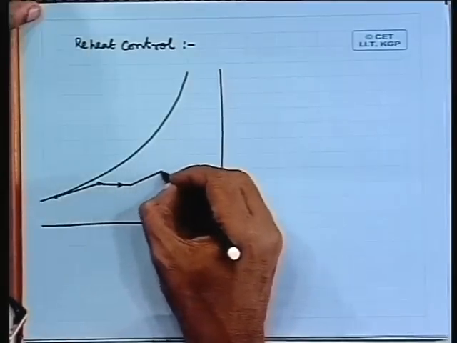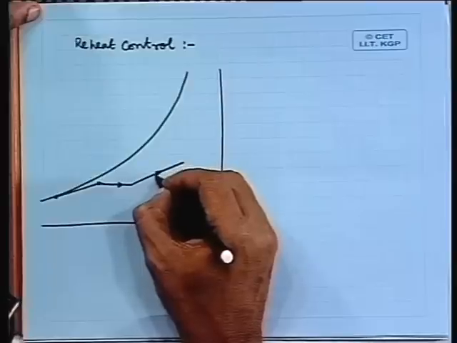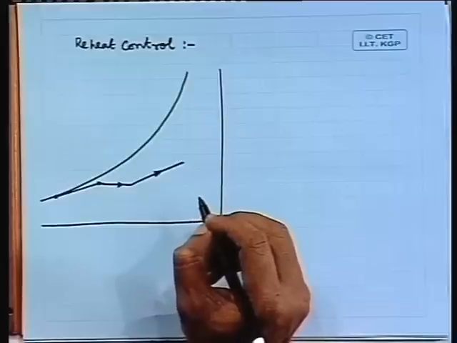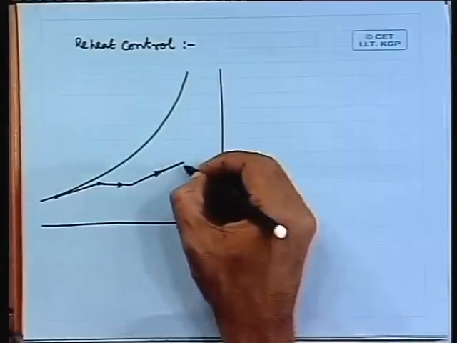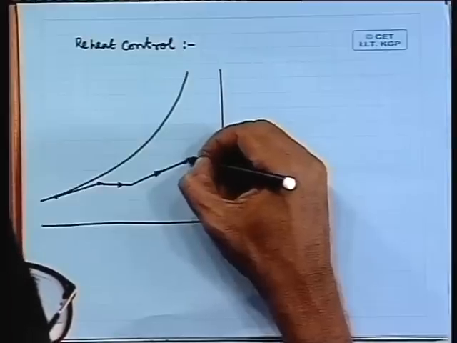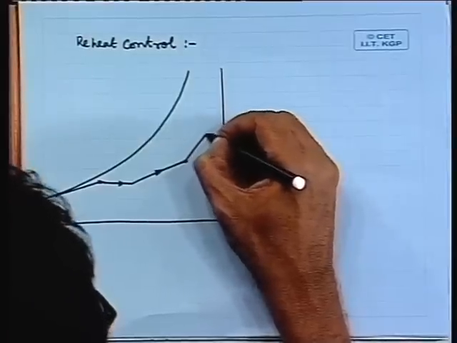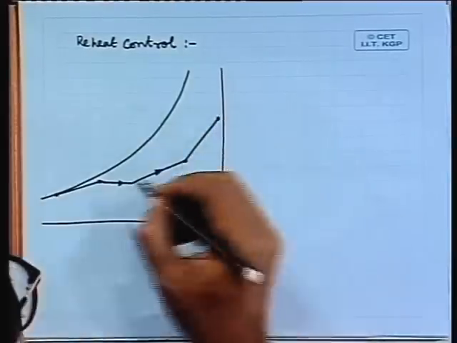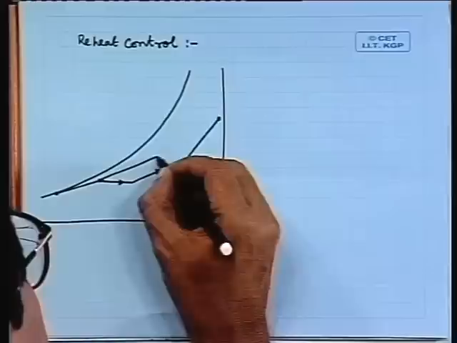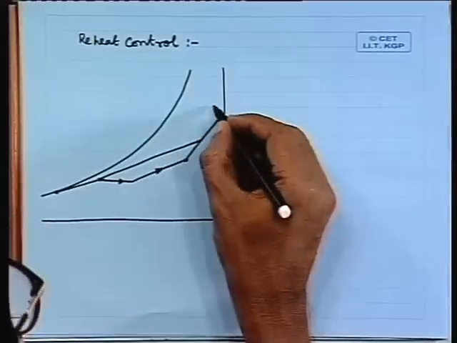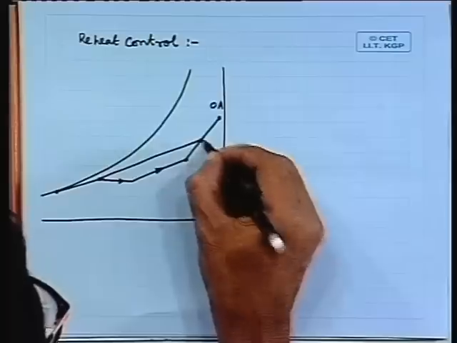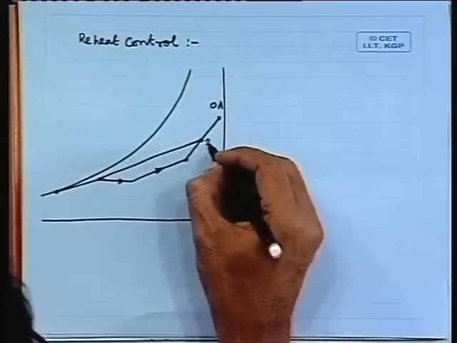Then we will have a change in the room where both temperature and humidity will increase. Then we will have the outside air condition OA, and this is 2.